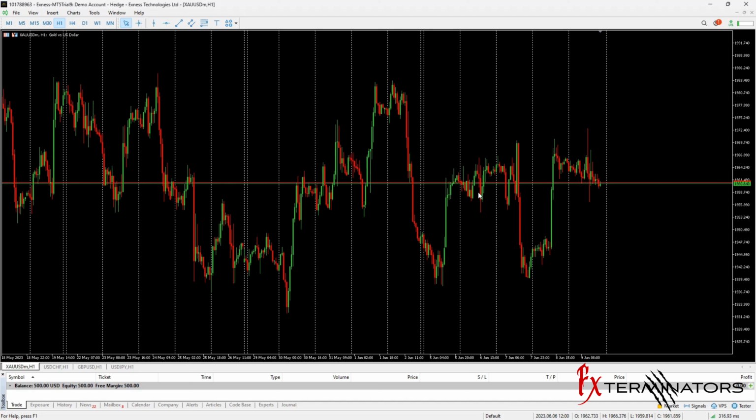So you need to also understand the market structure. Are we in an uptrend or are we in a downtrend? We never consider being in a ranging market and making use of feed. You cannot make use of feed when we see price ranging. You only make use of feed when we're in a trend, either an uptrend or a downtrend.